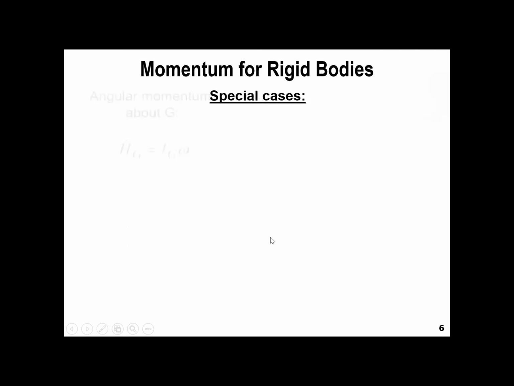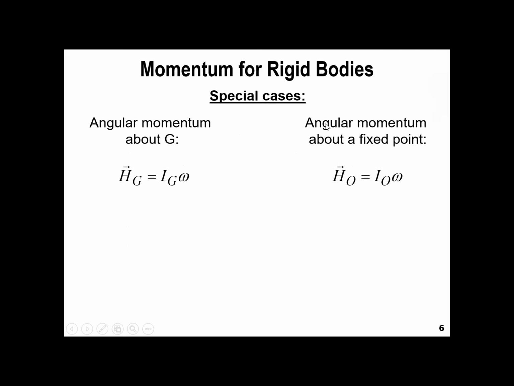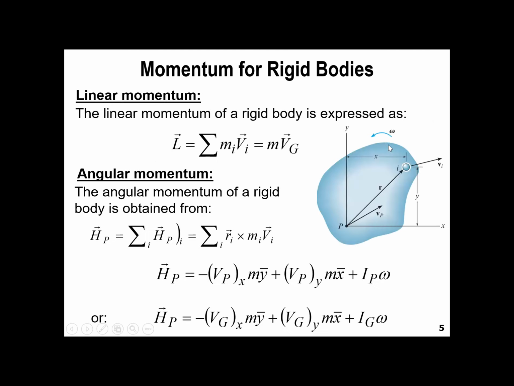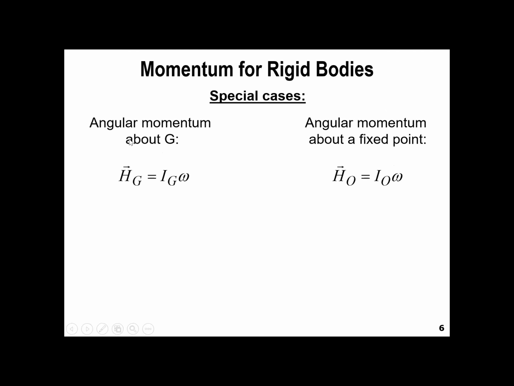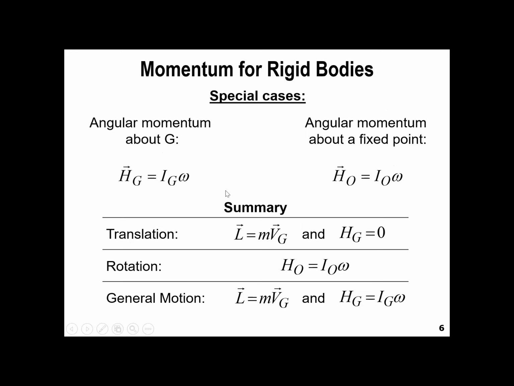Then the other special case is if you have angular momentum about a fixed point. Again, if you go back here, if P is a fixed point, we usually use O for the fixed point, H about O. Because it's a fixed point, vPx and vPy will be 0. And you get just IO omega. So angular momentum about G, you get this. Angular momentum about a fixed point, you get that.